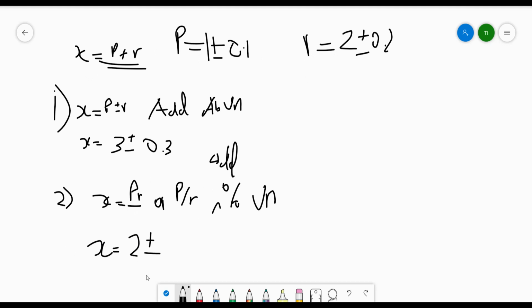Plus or minus, over here, you would have to add the percentage uncertainties. So the percentage uncertainty of P plus the percentage uncertainty of R. Which would give, I suppose, 20%.